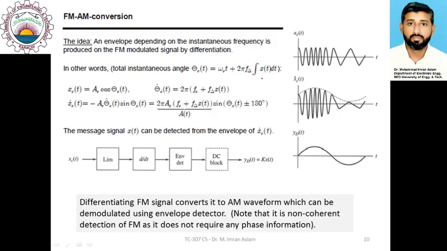Whatever FM waveform is received can be easily detected by converting it into an AM signal by differentiation, and then using an envelope detector to detect the message signal. So this scheme is actually a non-coherent detection of FM signal. So we can use it for non-coherent detection.